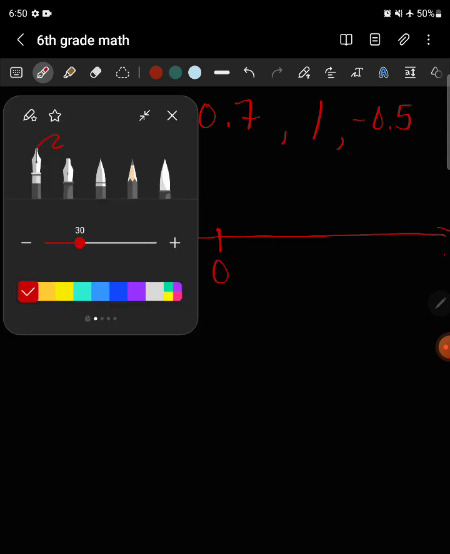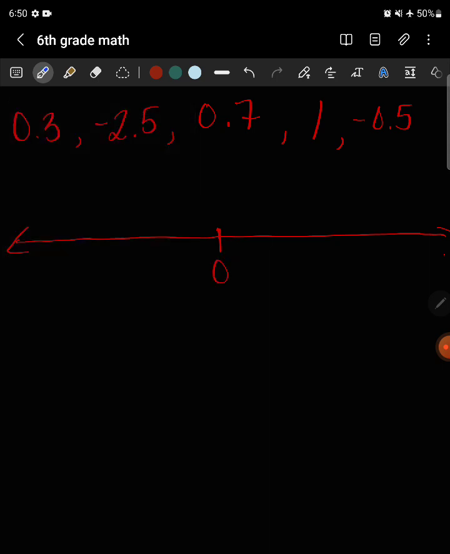All my positive numbers I'm going to put in blue. So I'm going to start and I'm going to count by quarters. When I say quarters, I want you guys to think about it like money. So I'm counting 25, 50, 75, 1.